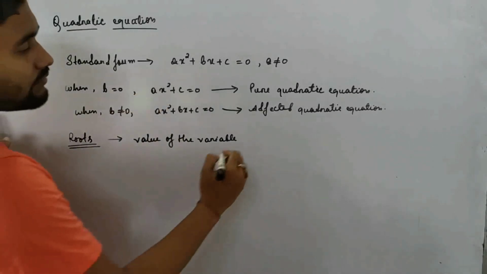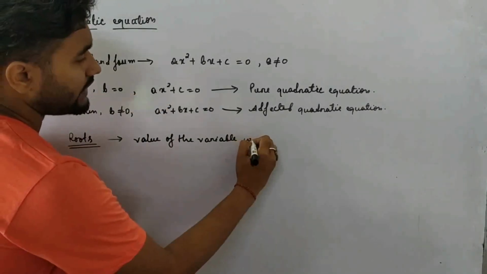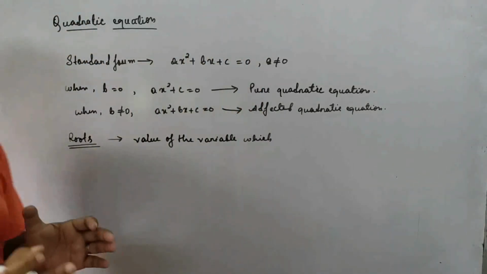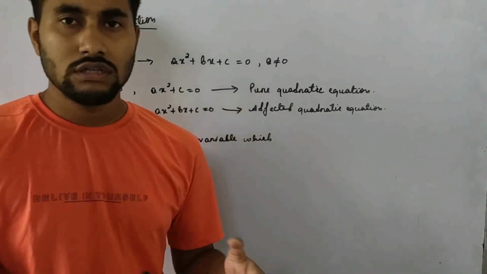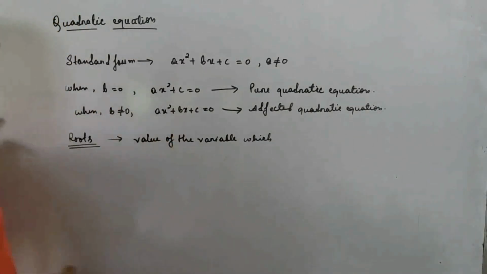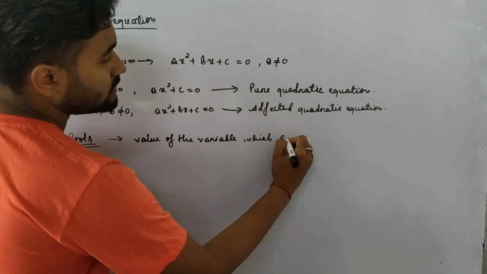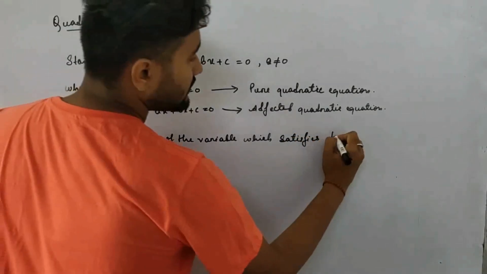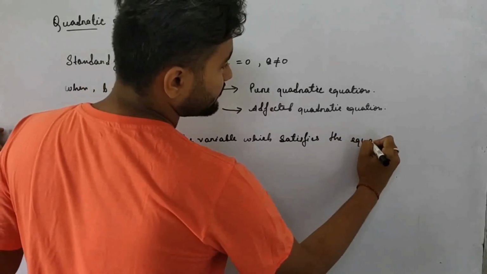Roots is the value of the variable which satisfies the equation. In case of polynomials you have done, if you put the zeros, then the equation gets satisfied, right? Same thing, roots is the value of the variable which satisfies the equation.